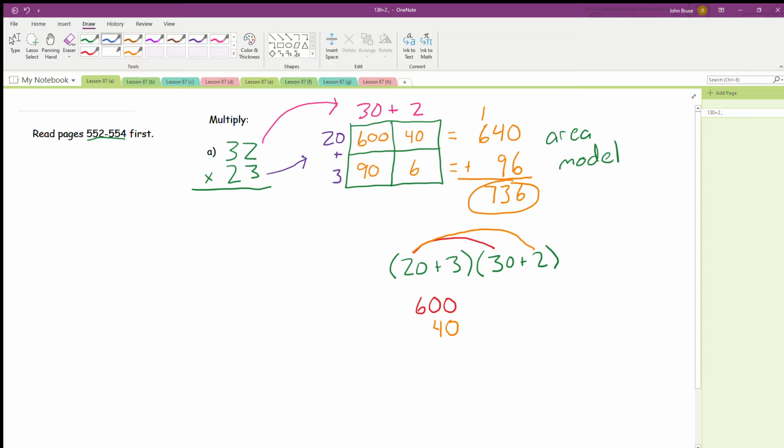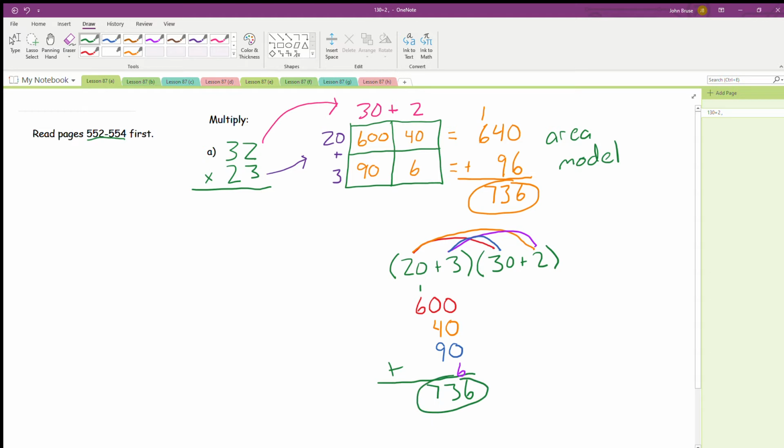And we're going to do 3 times 30, which is 90. And then finally, let's go with purple. And we'll do 3 times 2, which is 6. And then we just add those up. So we've got 6, we've got 13, carry the 1, and we've got 736.